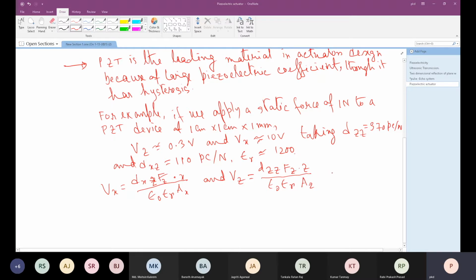So the configuration would be something like this. We have Fz.